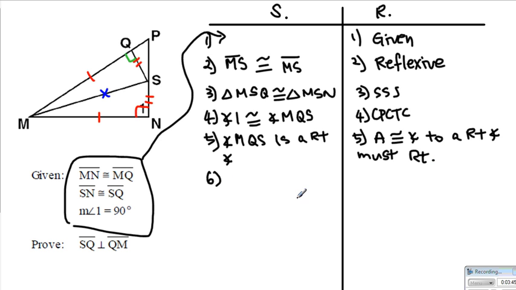Number 6. Now then, since we realize that this green angle is a right angle, we can say that the line segment SQ must be perpendicular to QM.